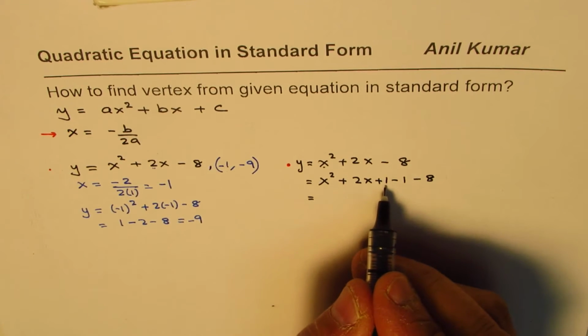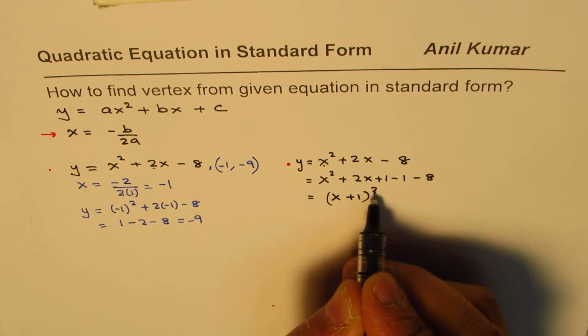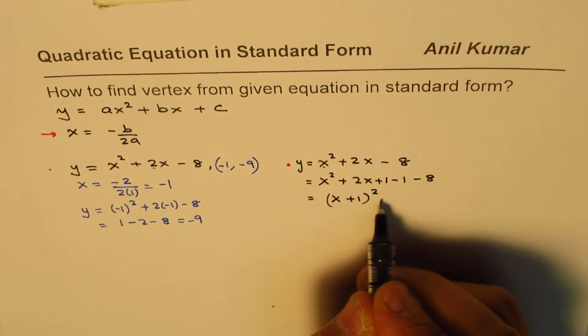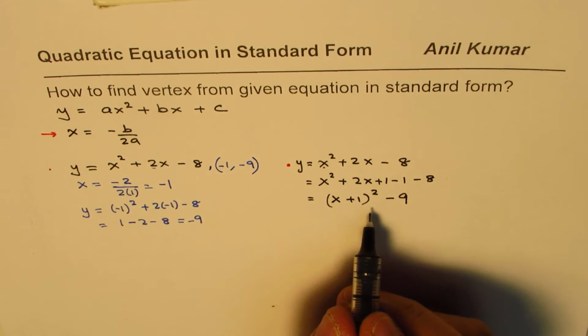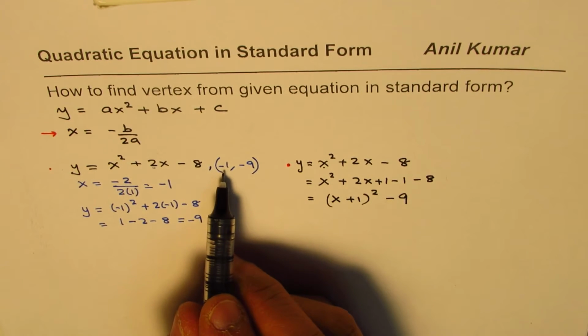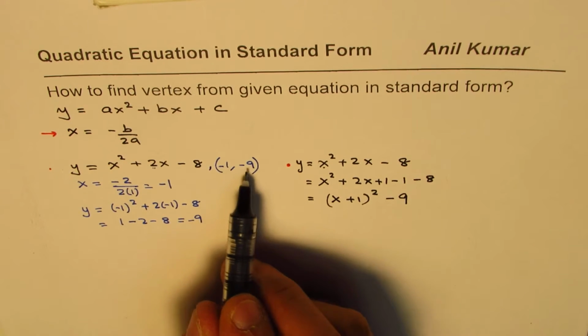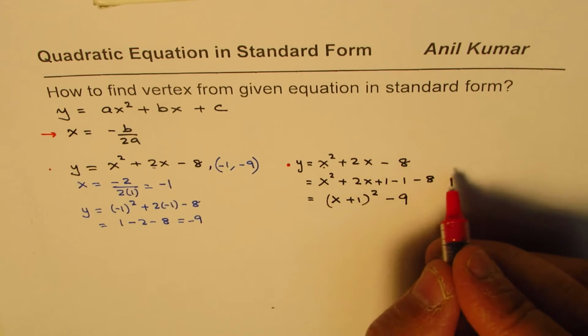So these three terms form a perfect square, which is x plus 1 whole squared, minus 1 minus 8 is minus 9, right? So you get the vertex form. And from the vertex form again, you see that the vertex is at minus 1, minus 9. Do you see that? So we could easily do it with completing the squares.